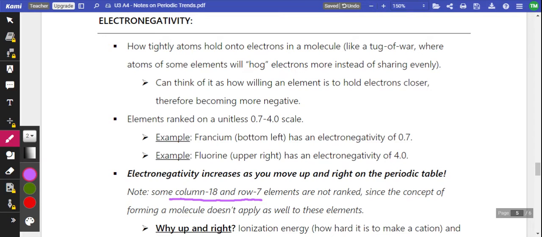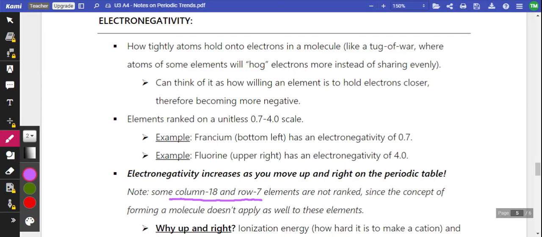Since electronegativity is about how things share electrons across bonds, we need things to be able to bond to put them in that ranking. A lot of elements in column 18, those noble gases, are stable as they are. They already have an octet. They already have 8 valence electrons. And so they don't really need to form bonds to become more stable.